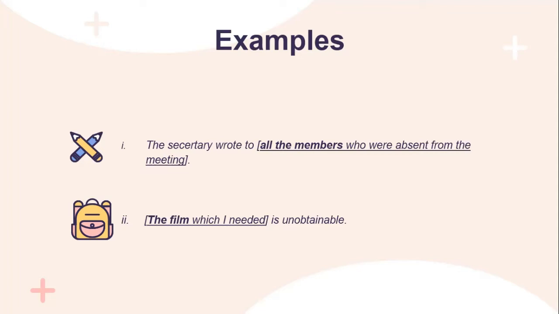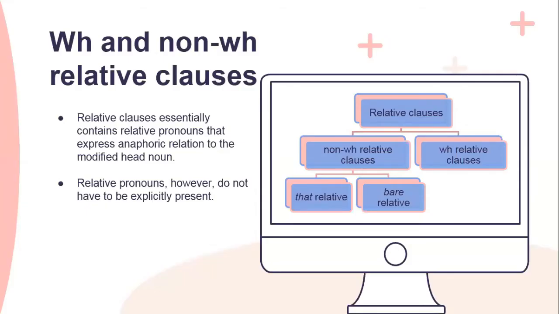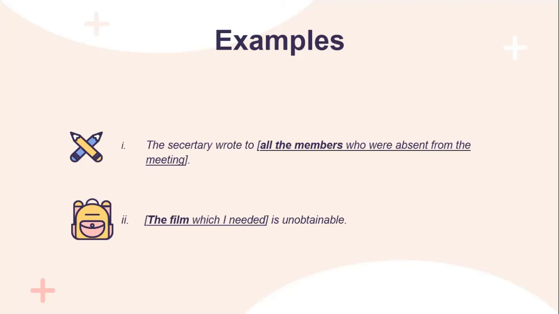So all the members and the film here are the antecedents. The relation between a pronoun and its antecedent is called anaphora. So the pronoun who here is anaphorically related to the noun members, and the pronoun which is anaphorically related to the head noun, the film.